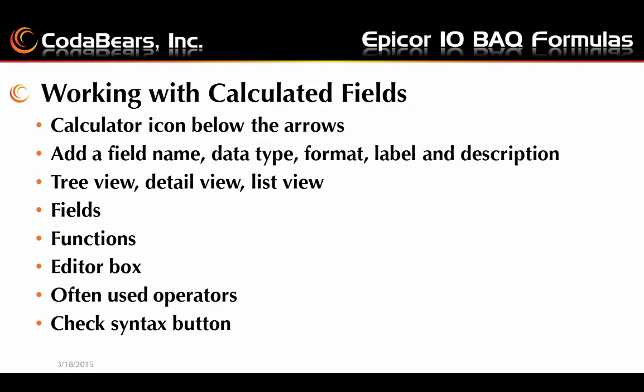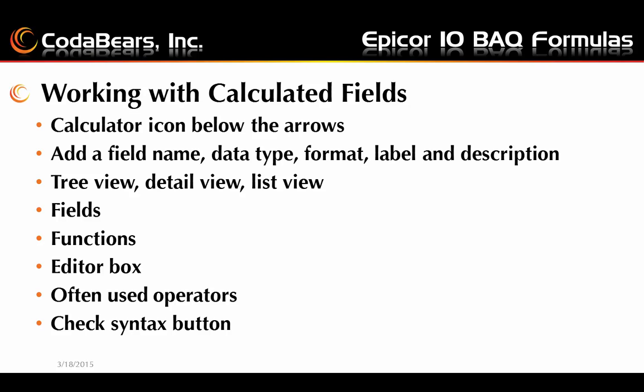When we talk about working with calculated fields, we're going to see that when we get into Epicor 10 and the BAQ menu item, when we try to display fields, there will be a calculator icon below the arrows used to select the fields you want to display. Also, when we get into the calculated field editor, you'll see there's an area to add a field name for your calculated field, the data type, the format, a label, and a description.